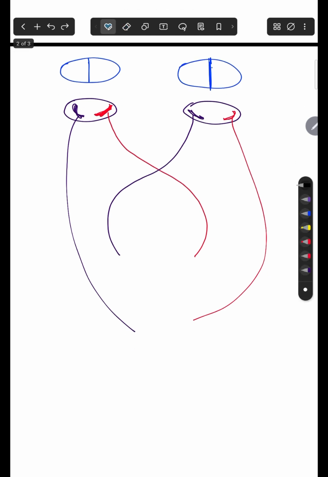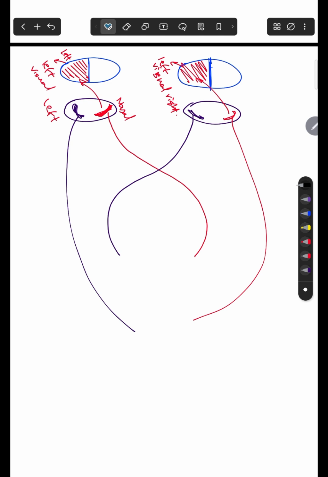Now we're going to understand what sees what. The general rule is that everything crosses. So if this right here is the nasal side of the left eye, it sees the left visual half in the left eye, and then the temporal side of the right eye sees the left visual half of the right side.